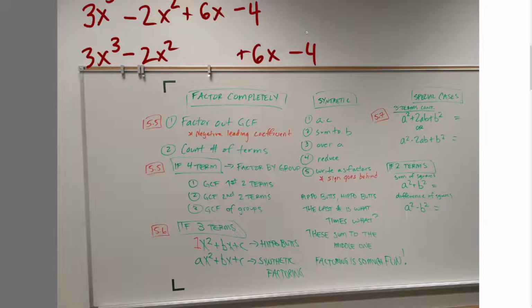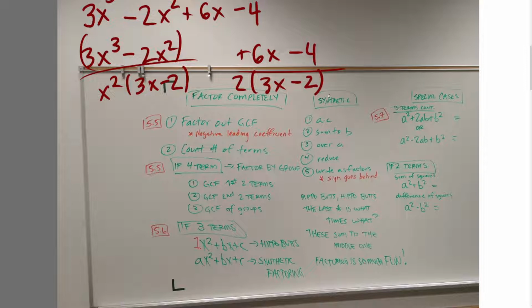And then we'll find the greatest common factor of those groups. So the greatest common factor of these here is going to be x squared. That will leave us with 3x minus 2. The greatest common factor of these are just going to be 2. That will leave us with 2 times 3x minus 2.